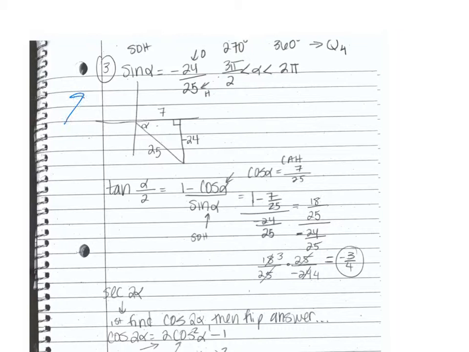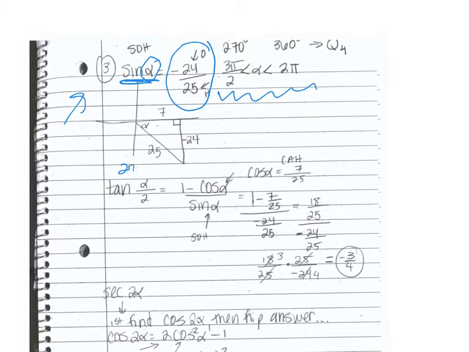Okay, to start off number 3, they tell us that sine of this angle, you can call this theta, x, any Greek symbol. They give us the ratio. We know sine's opposite over hypotenuse. And we know that the angle has to be between 270 degrees and 360, or 3 pi over 2 and 2 pi.